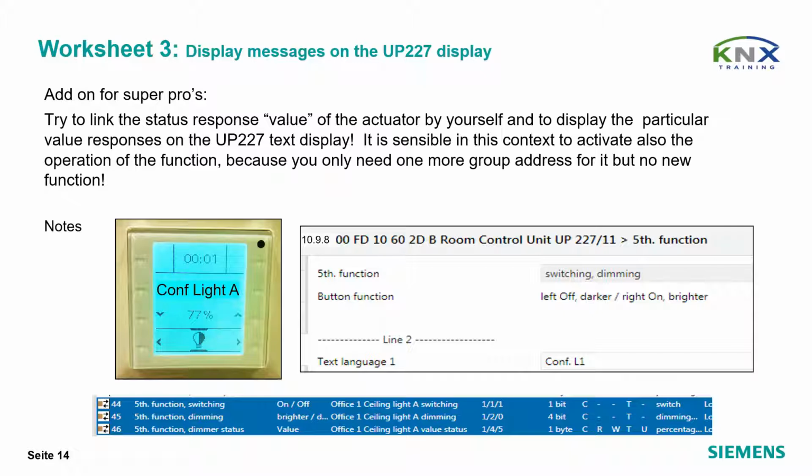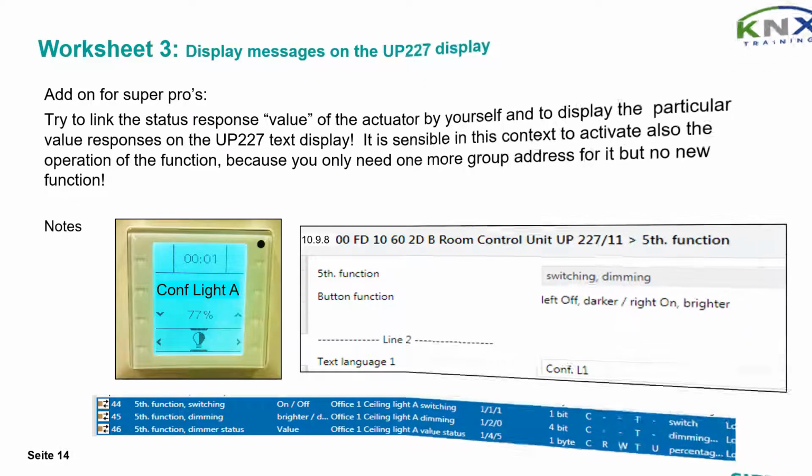It is sensible in this context to activate also the operation of the function, because you only need one more group address for it, but no new function. To get a display indication of the dimming level, the dimming value status of the actuator is required. You prepared it previously in the parameters of the actuator. Now go ahead and create the new group address and link it accordingly.